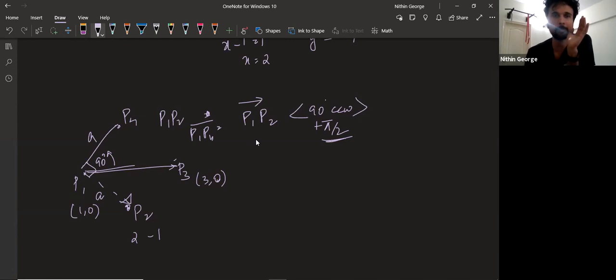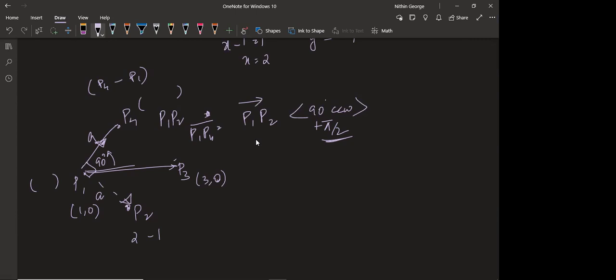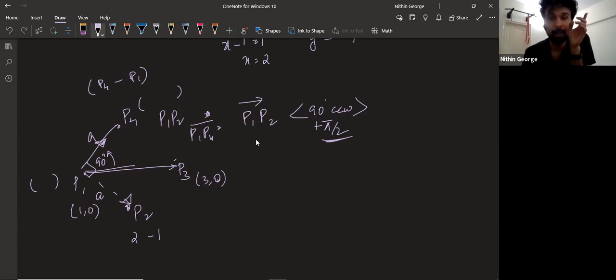And I get that by subtracting 2 points, the P4 point and the P1 point. So I assume they are like points here, P1 point and P2 point, and I subtract them to get the vector. Vector notation. It's a free vector. It can move anywhere, but still. Okay. P1, P4 is subtracting P4 minus P1. So this vector you will get when you take P2, P1.